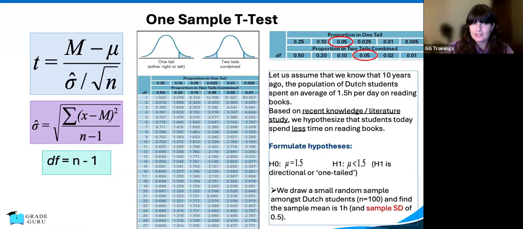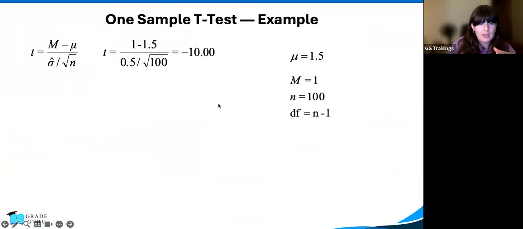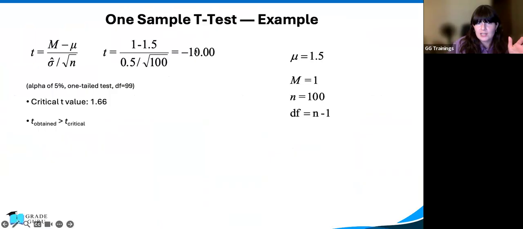Actually, I'm going to have to open the t-table to show you this, maybe during the practice time. But basically, you just match your degree of freedom. Because this is directional, we would be choosing proportion in one tail, and our alpha is 0.05. So it would be this column here, and we'd match it with the degree of freedom. Okay, critical of 1.66. Our T obtained is 10.